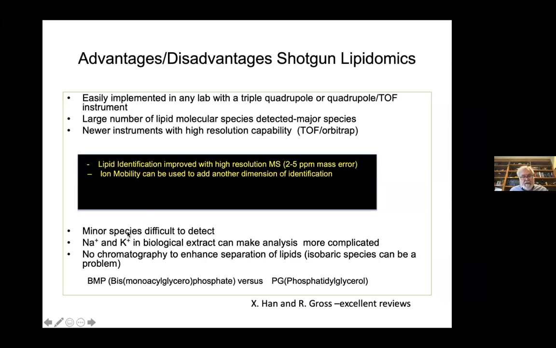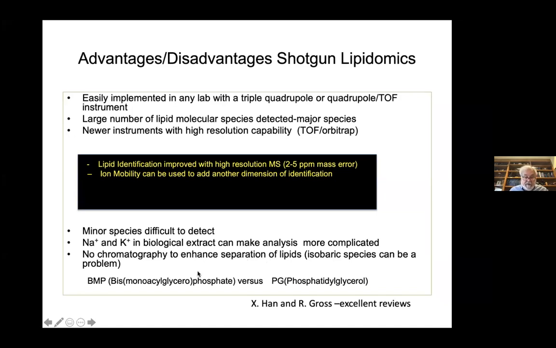I would say that among its disadvantages, the minor species are really difficult to detect by this. In biological samples, sodium and potassium adducts can make analysis difficult because it's more complicated unless you control the ion chemistry, for example, through your extraction process. Because you have no chromatography, separation of isobaric and isomeric species can be really, really difficult.